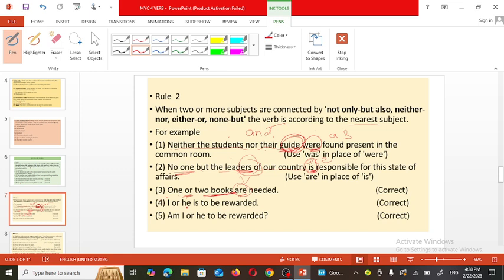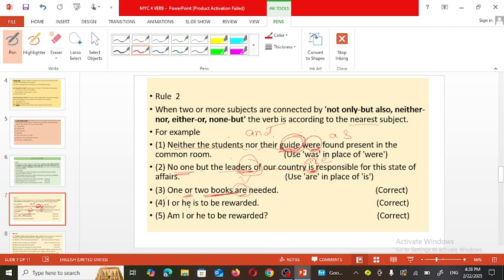Now see the next example. I or he is to be rewarded. Now here, I or he. In the present tense, the auxiliary am will be there with I and the auxiliary is will be there with he.